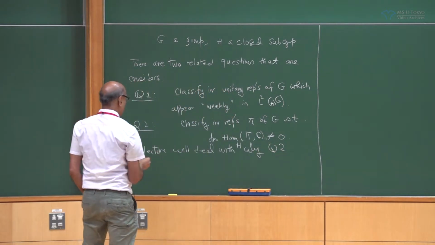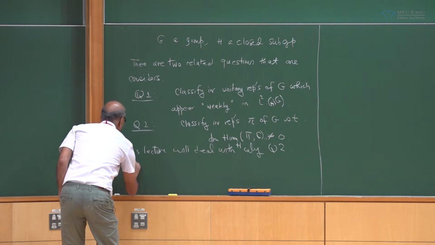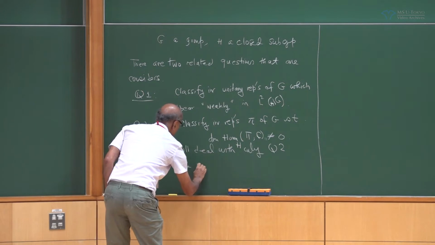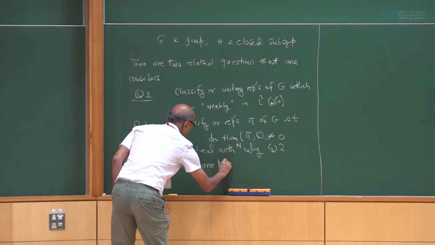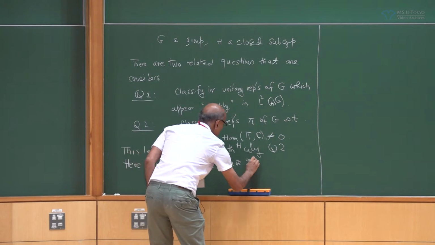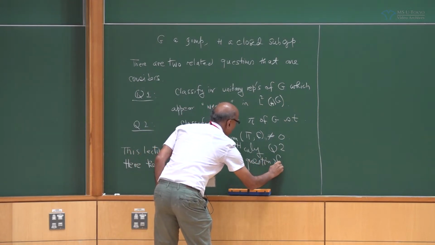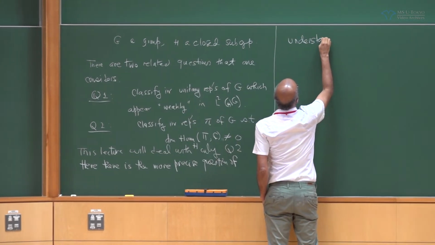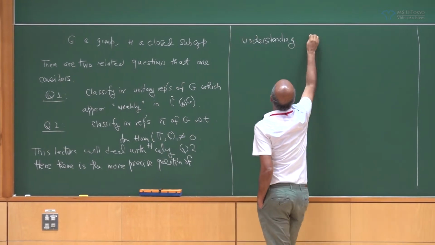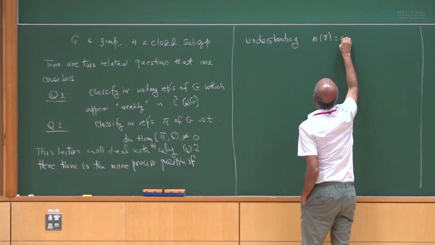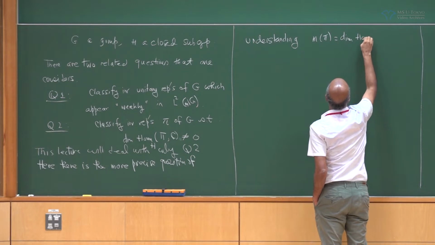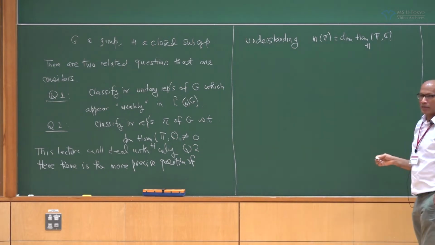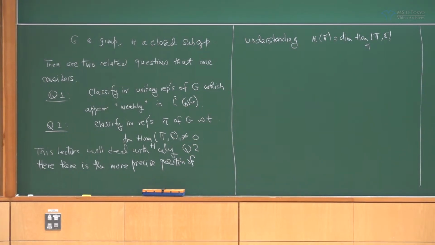Here there is the more precise question of understanding M pi, which is this dimension of the Hom space. It may sometimes be 0, it may sometimes be infinite.